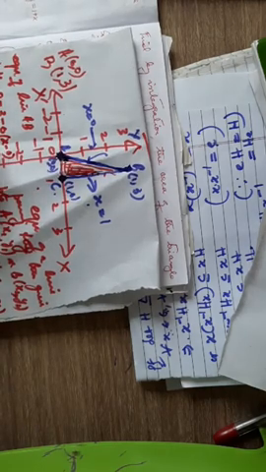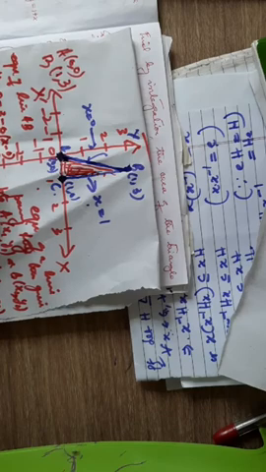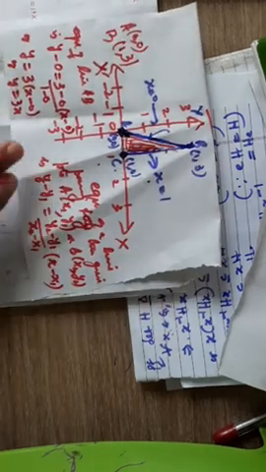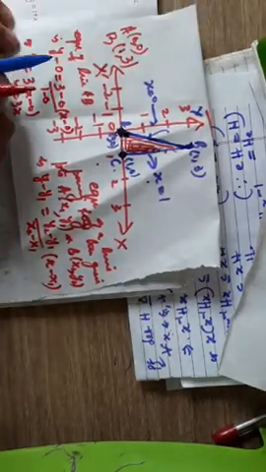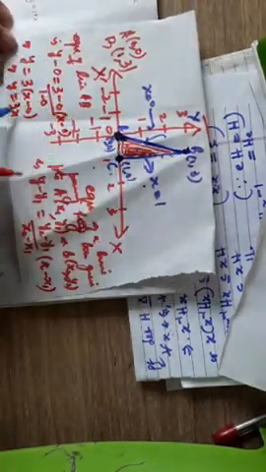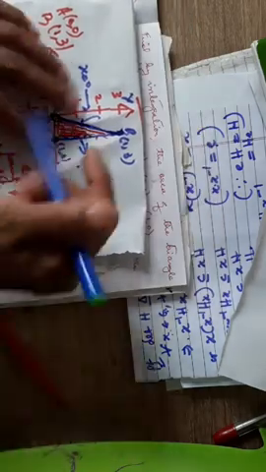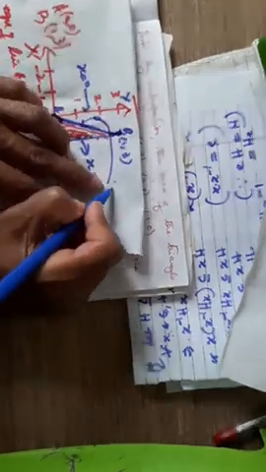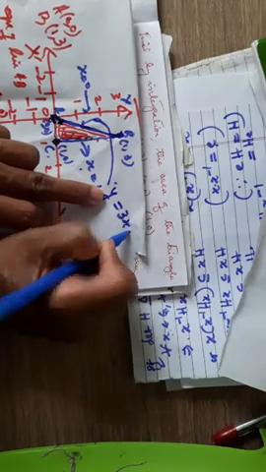So you'll get y is equal to 3 into (x minus 0), or y is equal to 3x. So the equation of the line AB is y is equal to 3x.